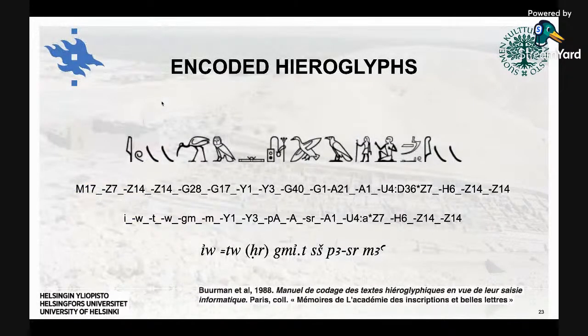It is also possible to use the phonetic value of a sign as a code for it, at least if the sign only has one value. So now it resembles more the transliteration of the text. And to write it that way is actually easier for Egyptologists because they are used to transliterating hieroglyphic texts. But you can have a mixture of these two.